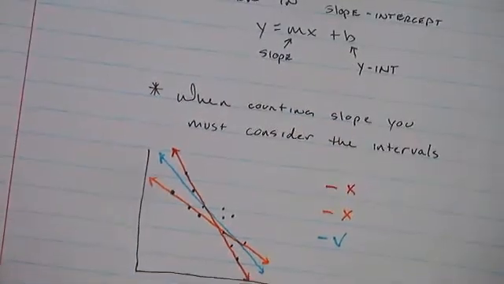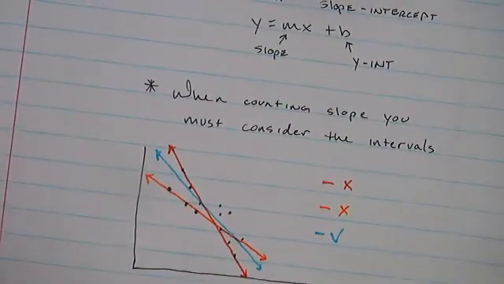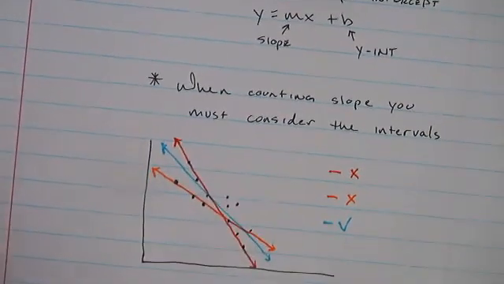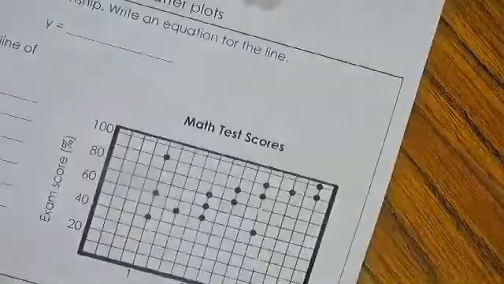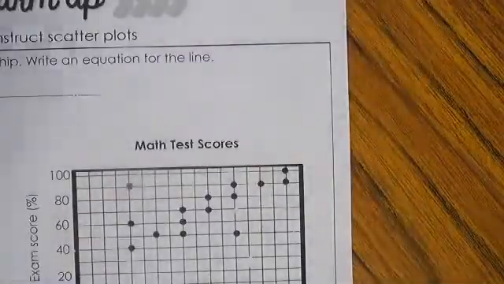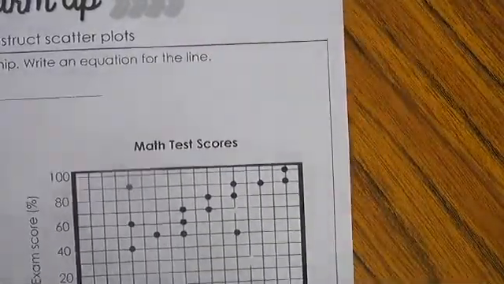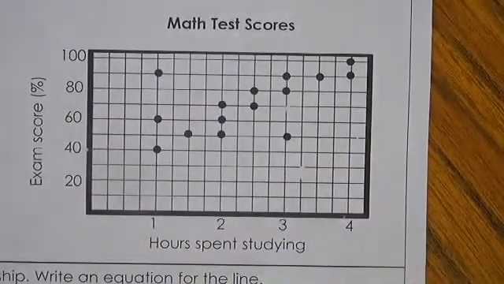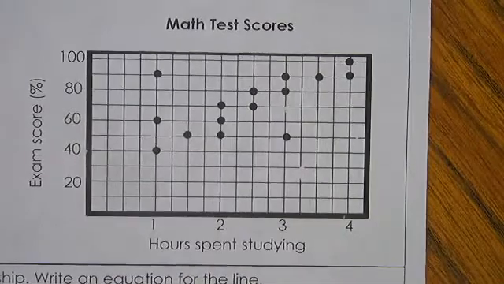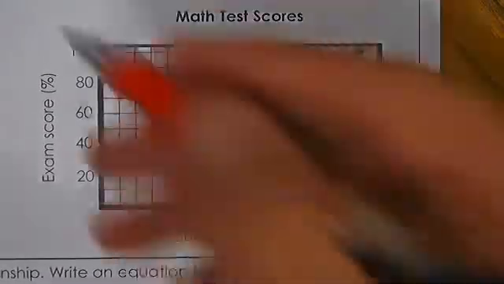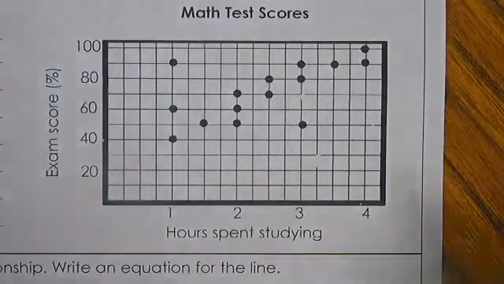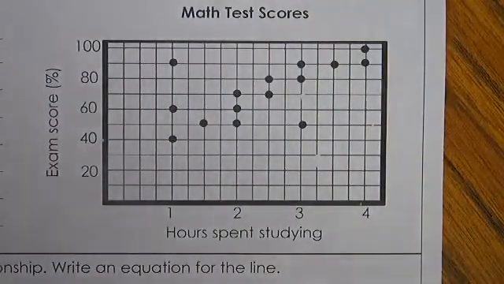Let's look at some real graphs and think about an equation and how we create those equations again. All right, so looking at graph number 1, this one has to do with math test scores. And so you can see you've got the exam score, what the student scored, and the hours that he spent studying.